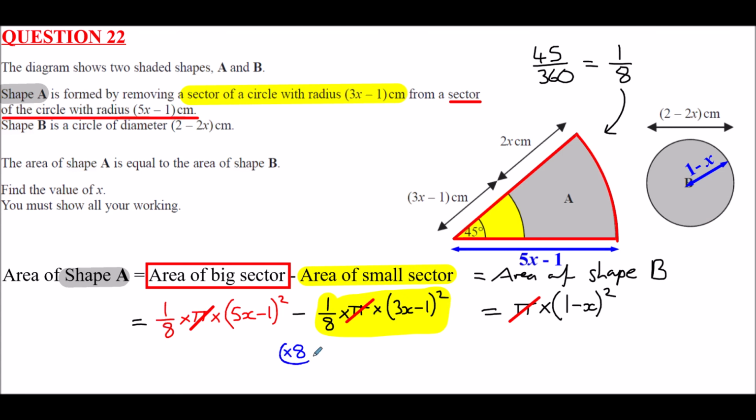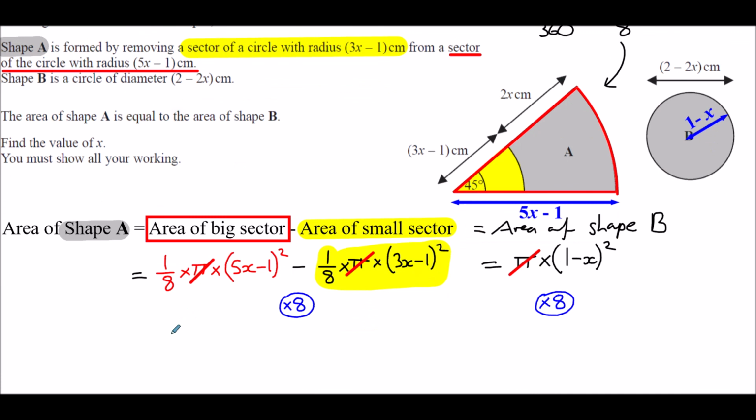That'll make it much neater for us. So times by 8, and then times that one by 8 as well. That will then give us (5x minus 1) squared minus (3x minus 1) all squared equals 8 lots of (1 minus x) all squared.